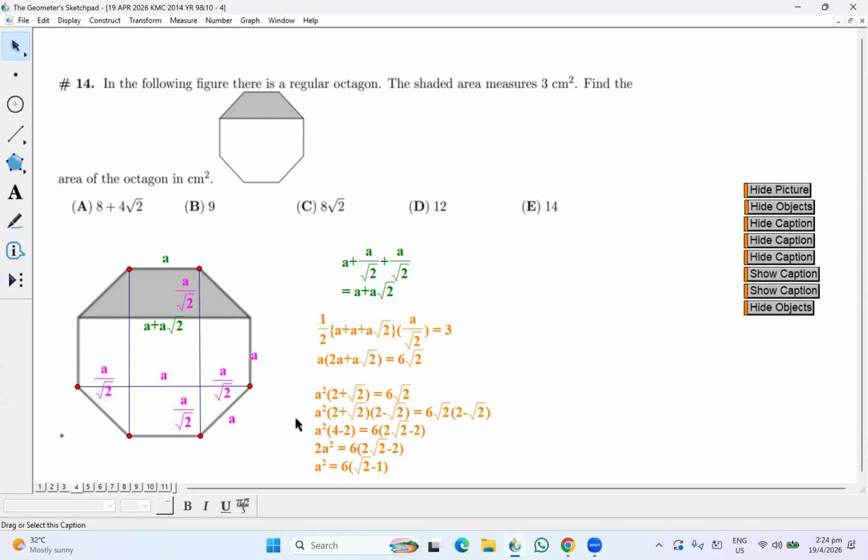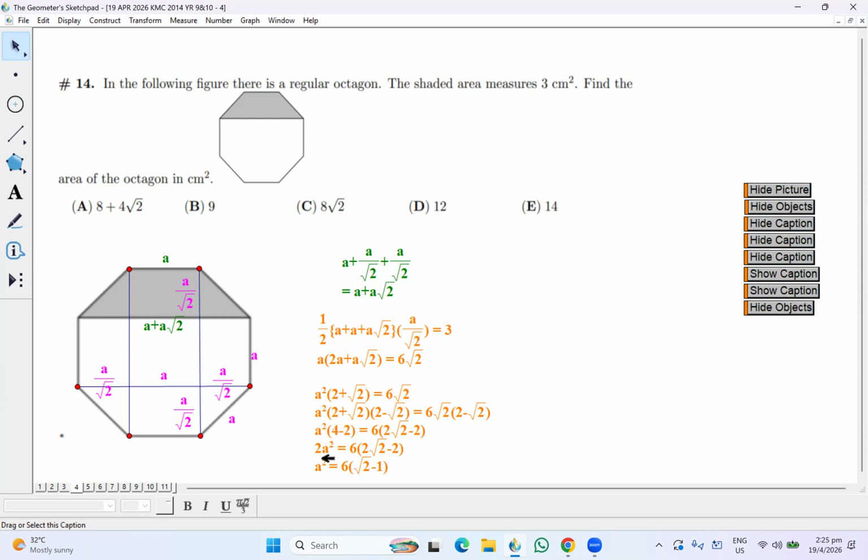Then to get integer, I multiply the conjugate, purposely on the left and right. So here 2 plus root 2 times 2 minus root 2. You can see that it is 4 minus 2, because the 2 root 2 was positive and 2 root 2 got negative, so cancel off.